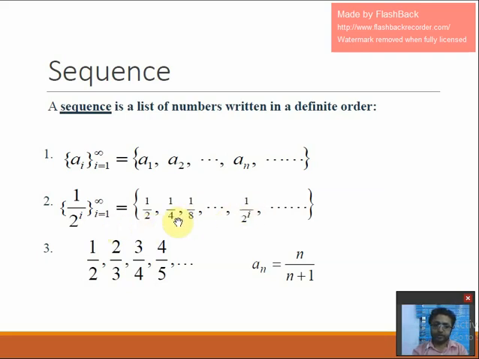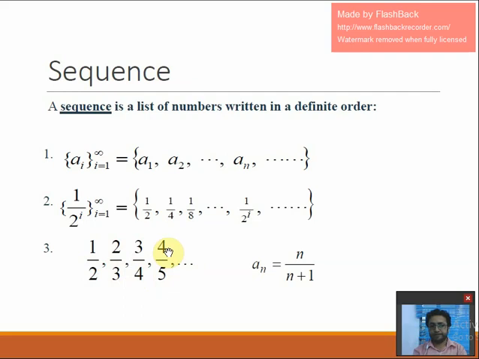Now if we take the next example, suppose a sequence goes like this: 1 by 2, 2 by 3, 3 by 4, 4 by 5, going on to infinity. If I ask you what the nth term of this sequence is, see, the numerator goes as 1, 2, 3, 4.